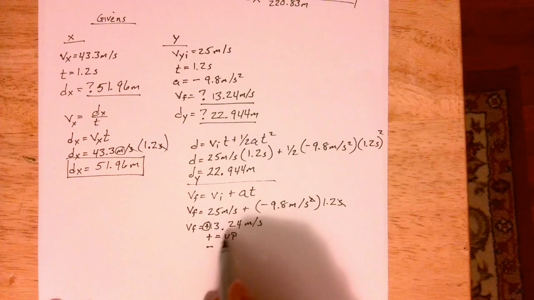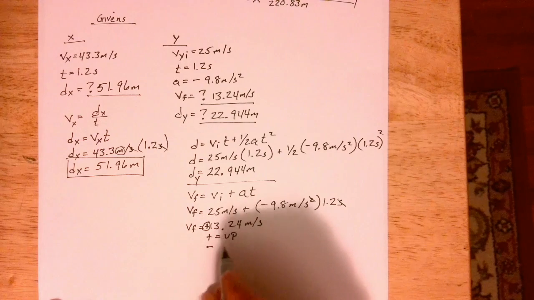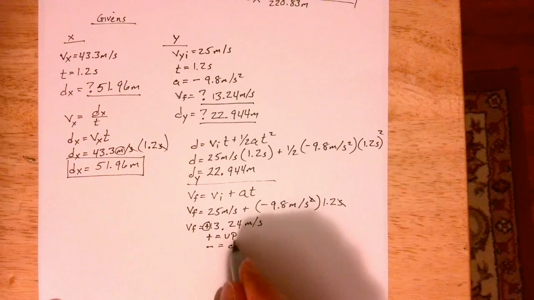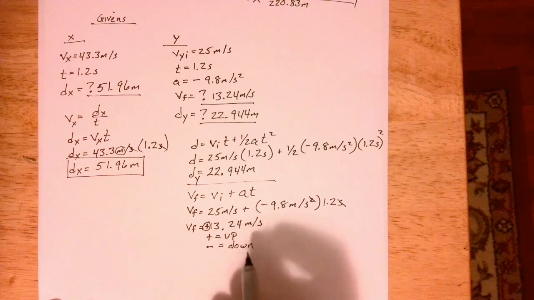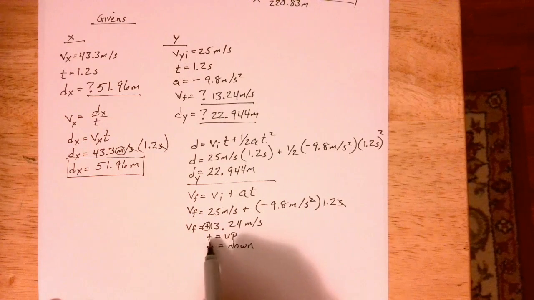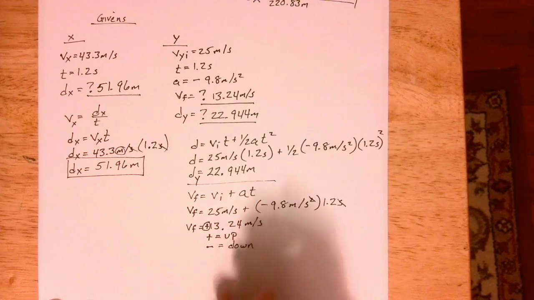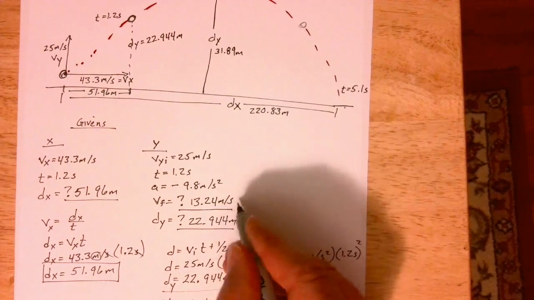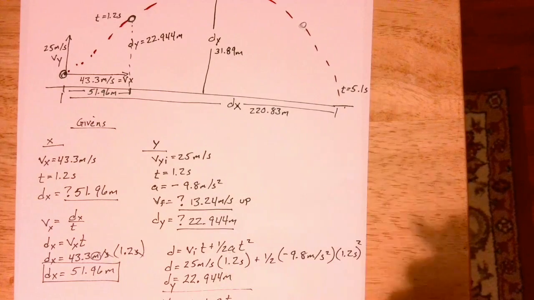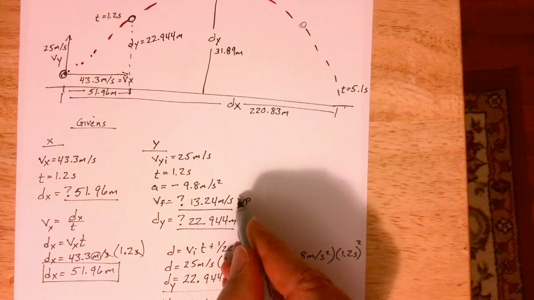So in this type of setup, if you end up with a negative value, that would mean it's going down. Because this is 13.24 and a positive value, I also know the direction: this is going 13.24 meters per second up.